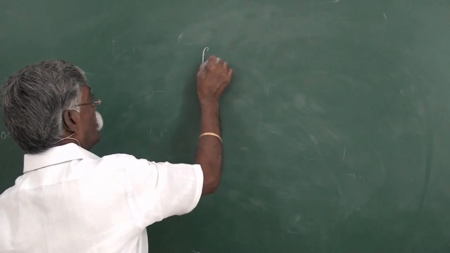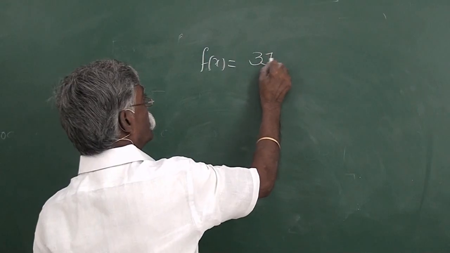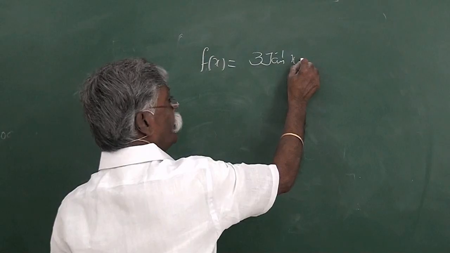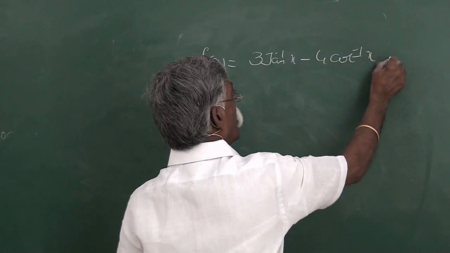f of x equal to 3 tan inverse x minus 4 cot inverse x.